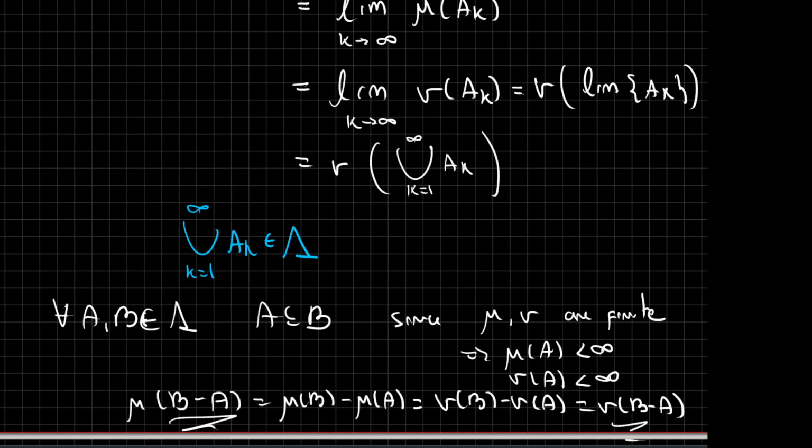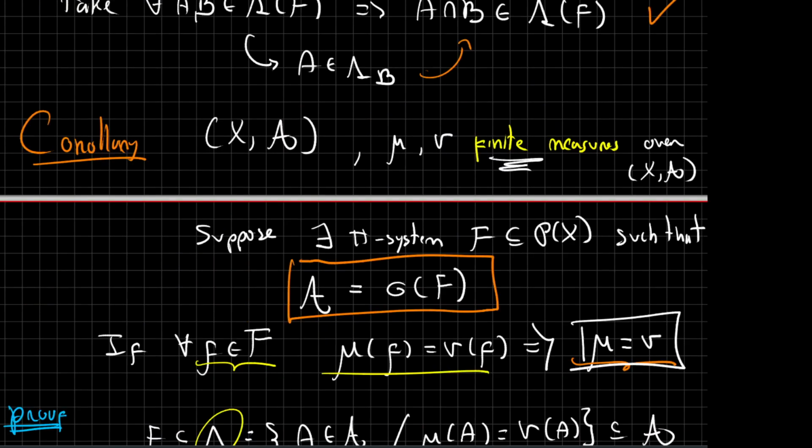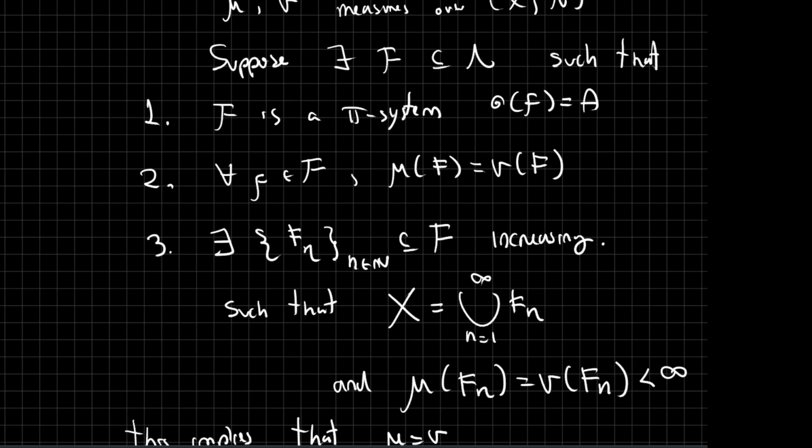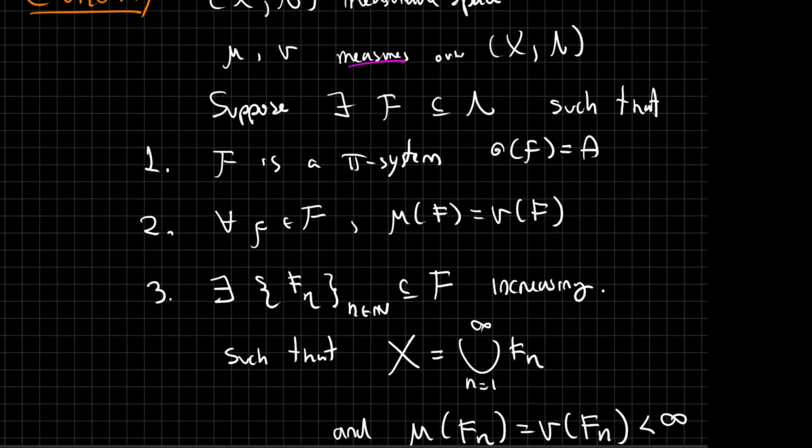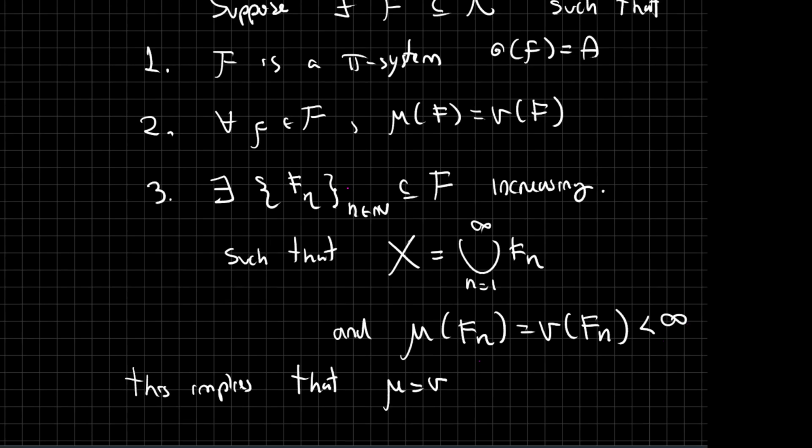So in the previous corollary we had that both were finite measures. So if they are finite measures, then this condition happens, but it also happens that for every element the measures are finite. But now we don't have that condition. They are just measures, and it happens that inside of F they are also finite, but not even for every element of F, but for every element of this given family of increasing sets.